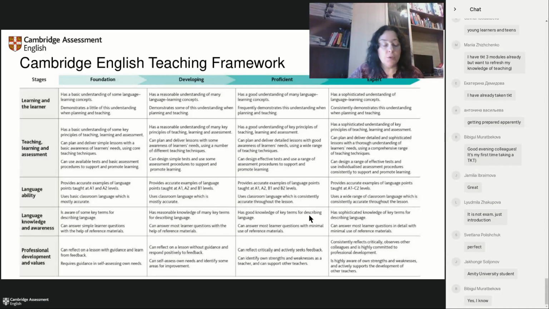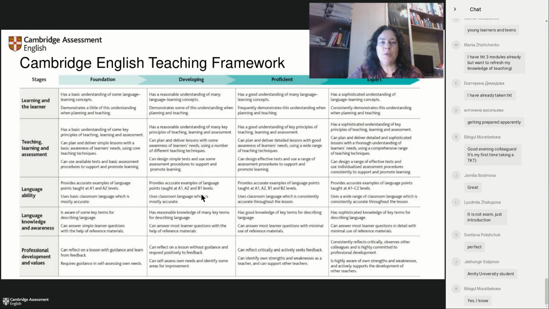Having said that, of course, there are certain areas like language ability and language awareness that are different from those that I've mentioned. It's about giving your learners a good model, an accurate model during your lessons, designing materials without slips and typos, things like that.